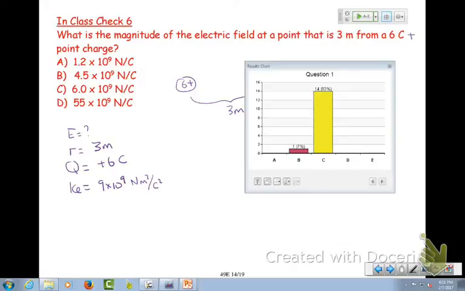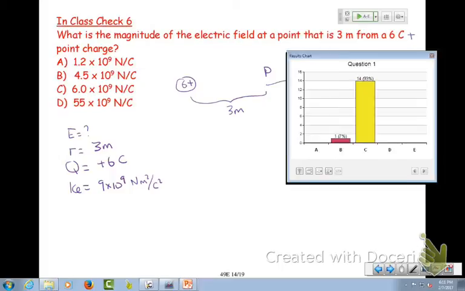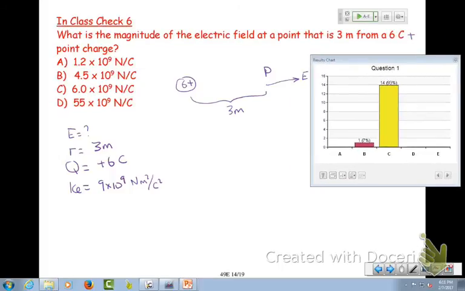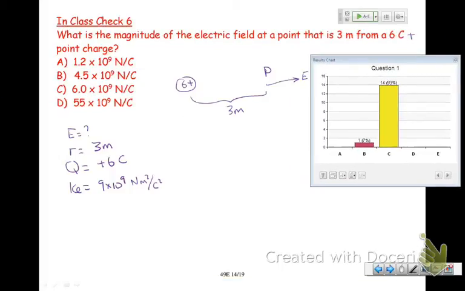Most people are saying C. Let's have a look. So the equation that links these things is E is equal to Ke Q over R squared. So E is equal to 9 times 10 to the 9 times 6 over 3 squared.